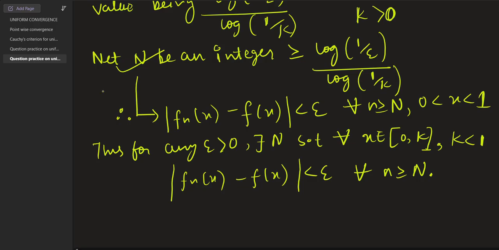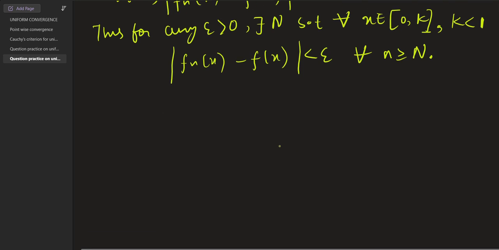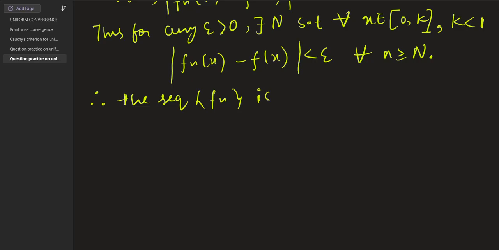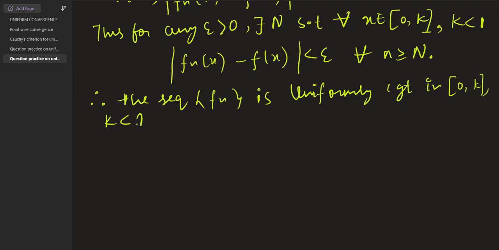Therefore the sequence fn is uniformly convergent in [0, k], where k is less than 1.